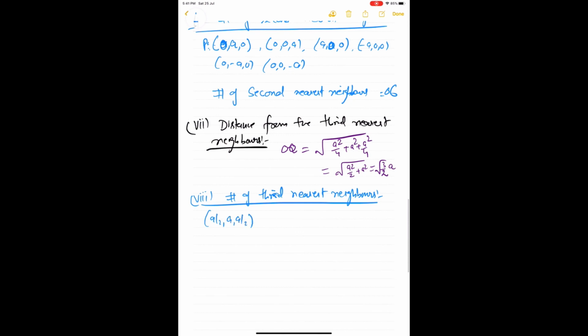If we consider all the permutations and combinations of this, we will find that the total number turns out to be 24 indeed, and this will be as follows.